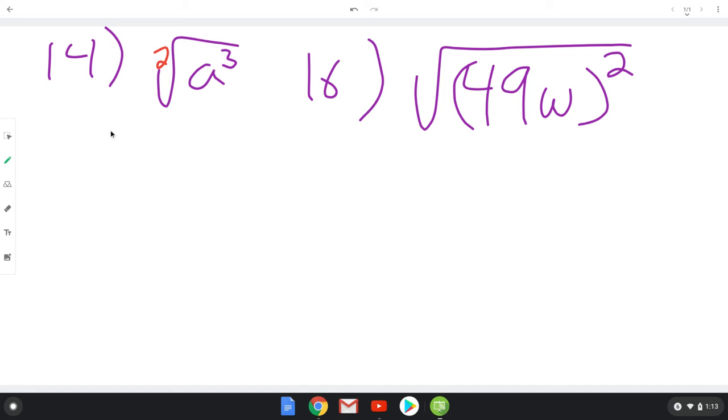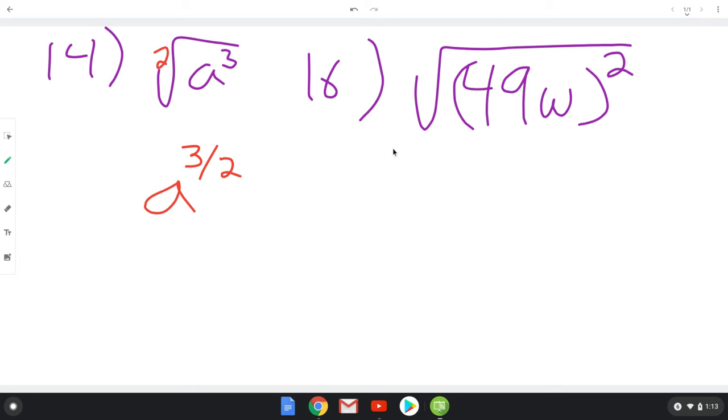When we rewrite that as an exponential, the numerator is the power, and then the denominator is the index. So this would be the answer to number 14. We're just taking the index and that becomes the denominator of our exponent. So this is a to the 3/2 would be our exponential form. Okay.